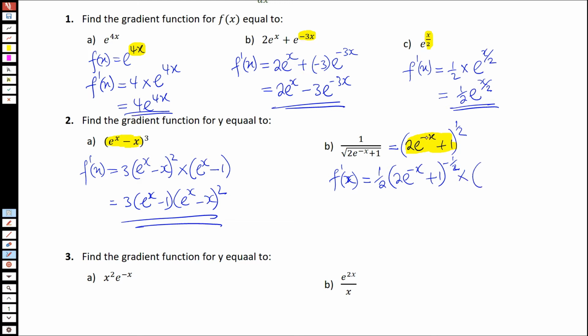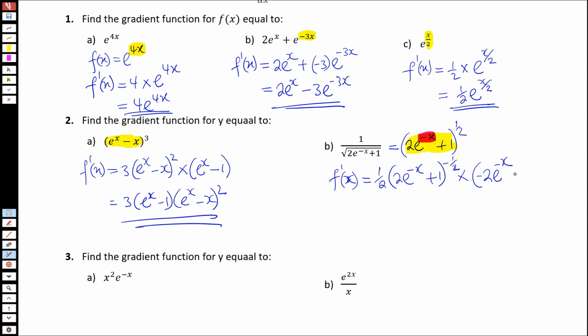So if you differentiate the inside, again, you have to apply chain rule here. So you differentiate that portion. So the derivative of negative x is just -1, so that will be -2, and then e to power, differentiate outside e to power u is just e to power u, so e to power -x.